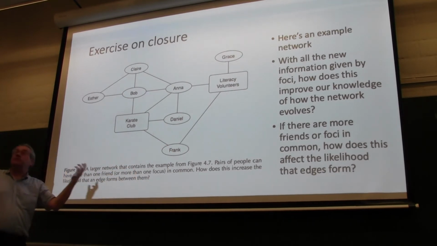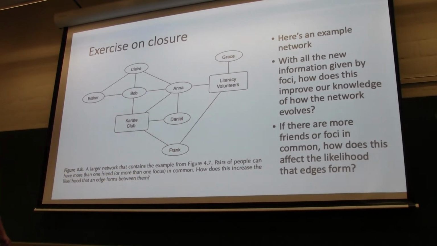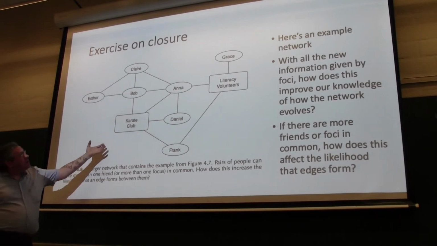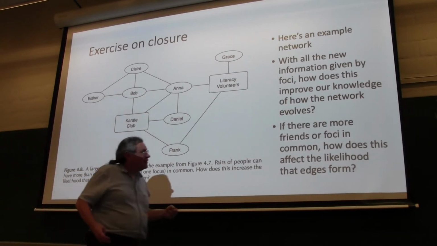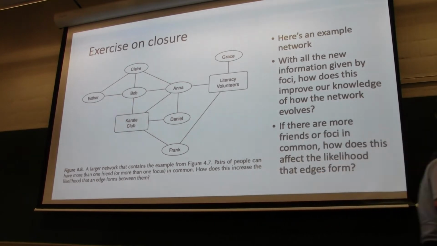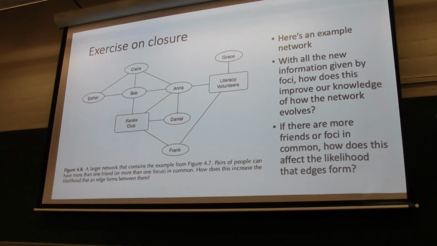That even increases the reason. And so you could actually use this to predict the future and how the network is going to evolve. Okay, so social affiliation networks are very, very interesting things that let you really understand a lot.